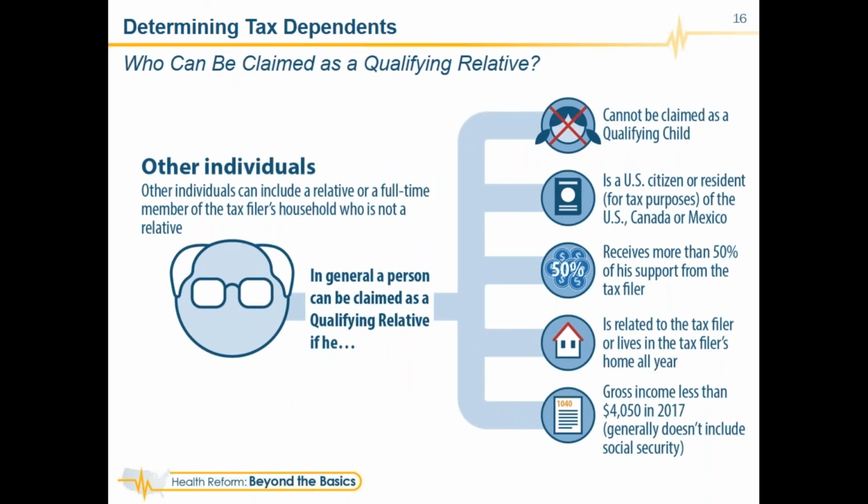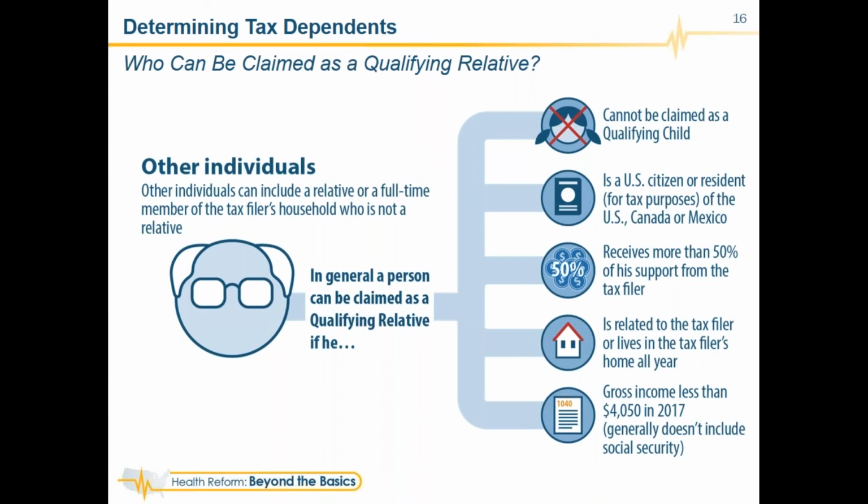The other way that someone could be a dependent is if they are a qualifying relative. Now, a qualifying relative can be, well, it can be virtually anyone. It can be a relative, someone who's related to you in any way except cousins. IRS does not recognize cousins. Or it could be a full-time member of the tax filer's household who is not a relative.